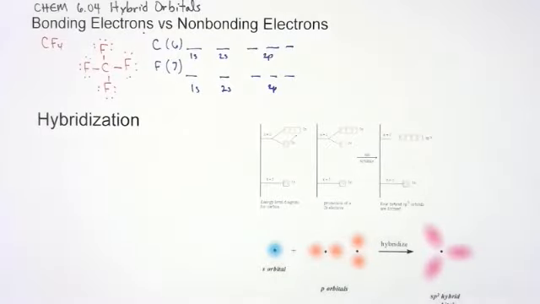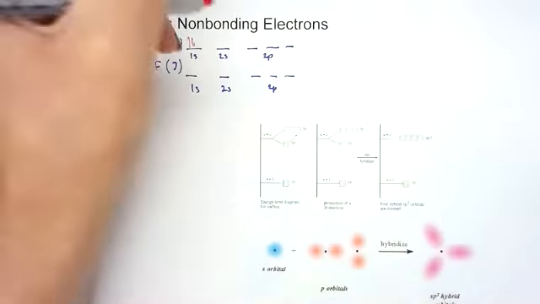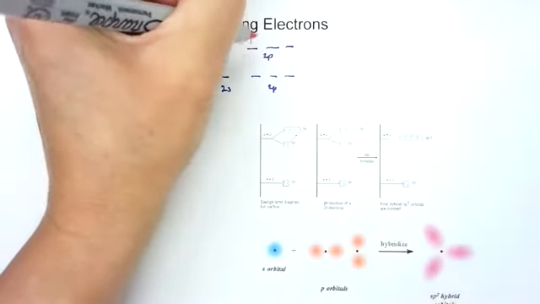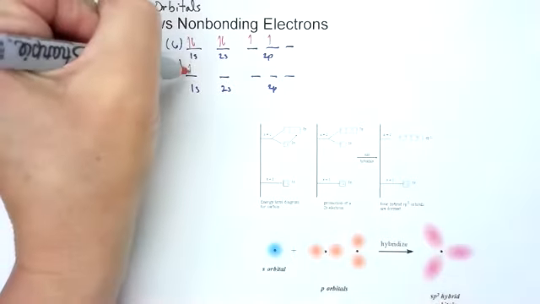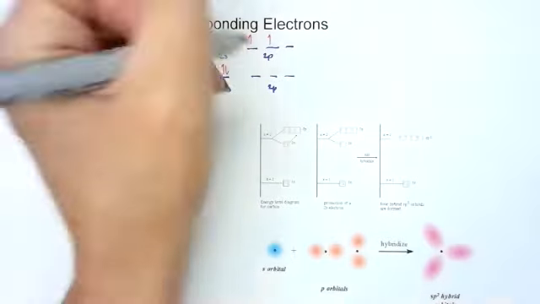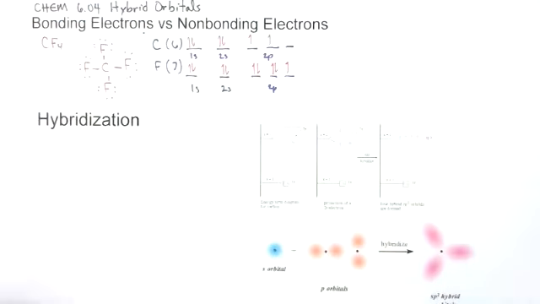When I fill these in for carbon, the 1s fills first, followed by the 2s, and then 2 electrons in the 2p. And here, 1s, 2s, and then I go 3, and then 2.